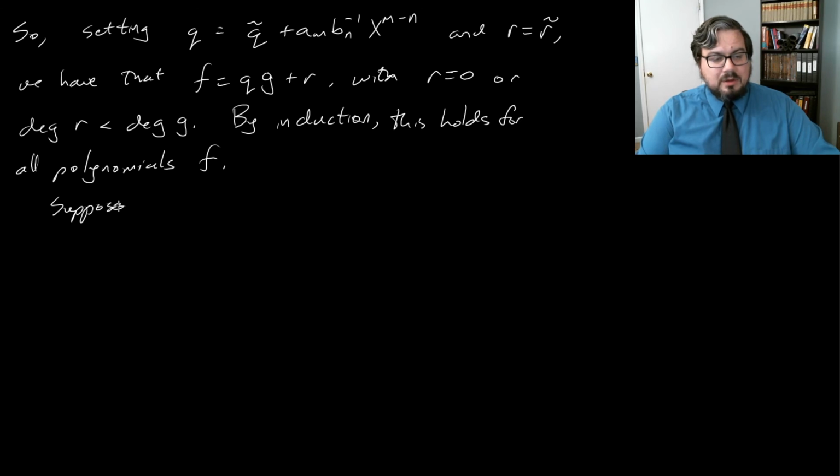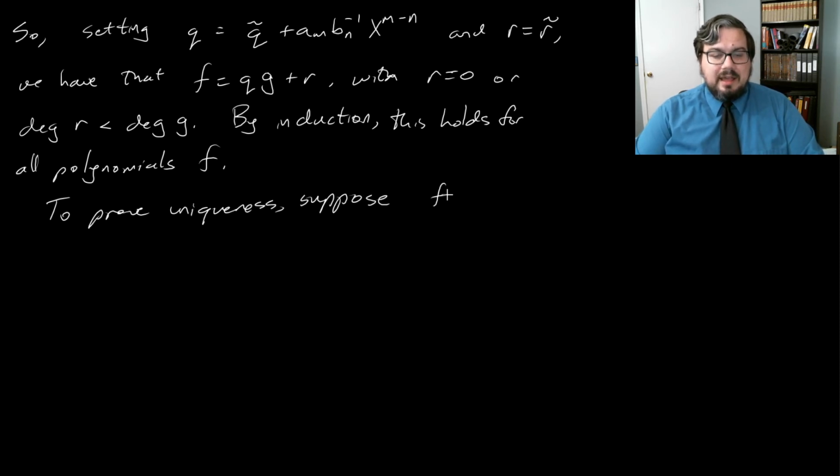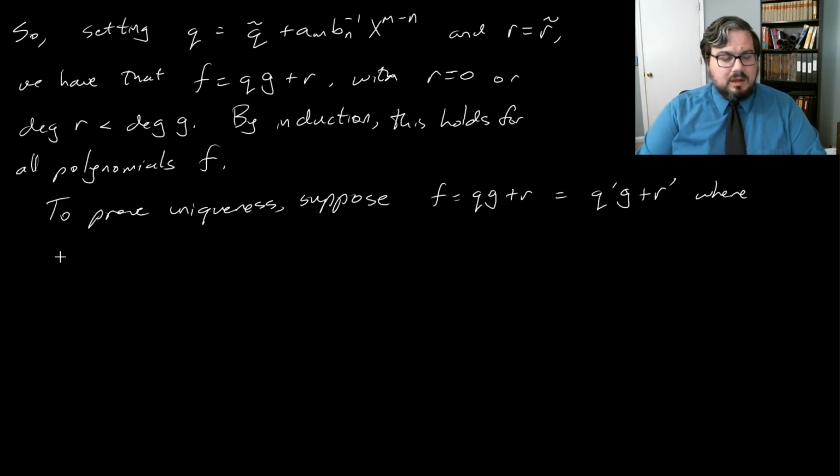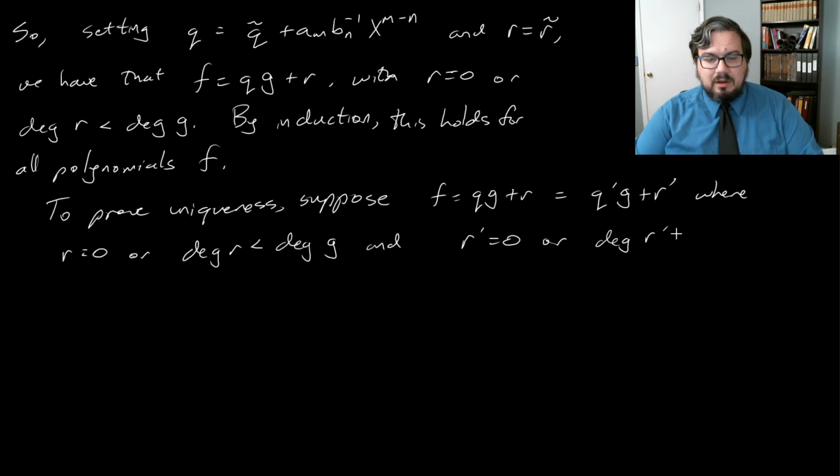So now, to prove uniqueness, let's suppose that f is equal to qg plus r, and is also equal to q prime g plus r prime, where r equals 0, or the degree of r is less than the degree of g, and r prime equals 0, or the degree of r prime is less than the degree of g.